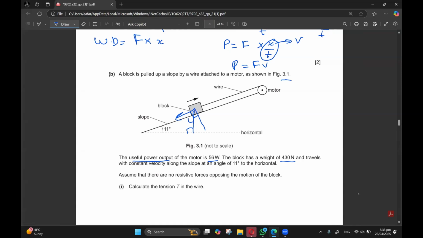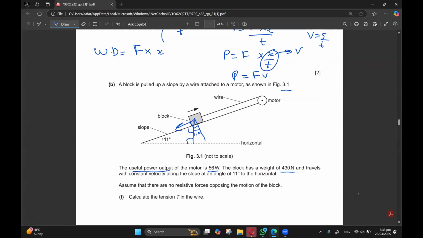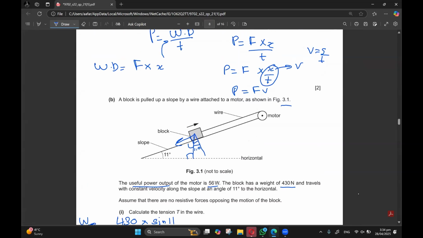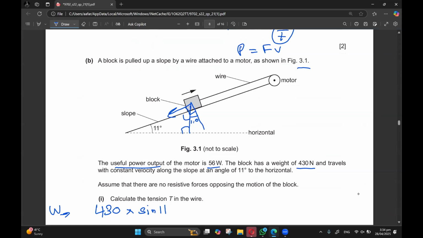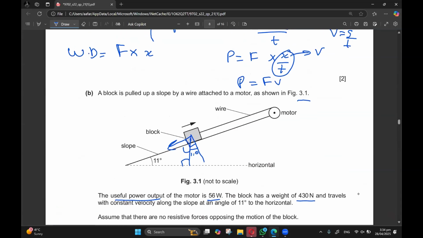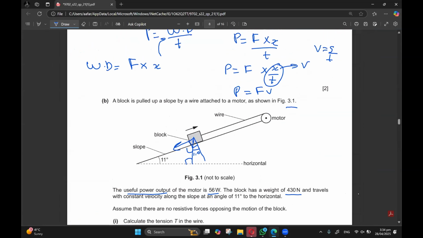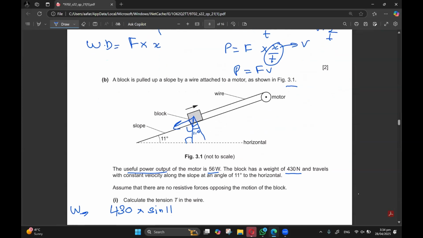So this angle is 90 minus 11, and so this angle automatically becomes 11 degrees. So basically, the component of its weight down the slope is going to be 430 into sine 11. And you know that the useful power output of the motor is 56 watts.